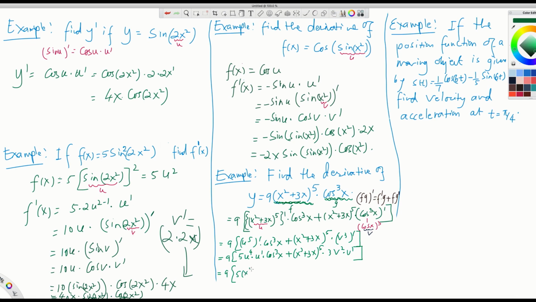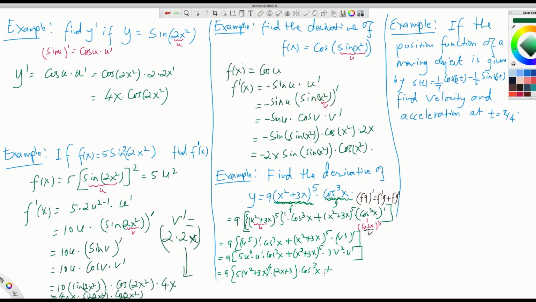So (x squared plus 3x) to the 4, oh, by the way, there is a square there, times, what is u prime? U prime is the derivative of that one, right? So x squared gives 2x, plus 3. So 2x plus 3, and then the next term is cosine cubed x. You see that?